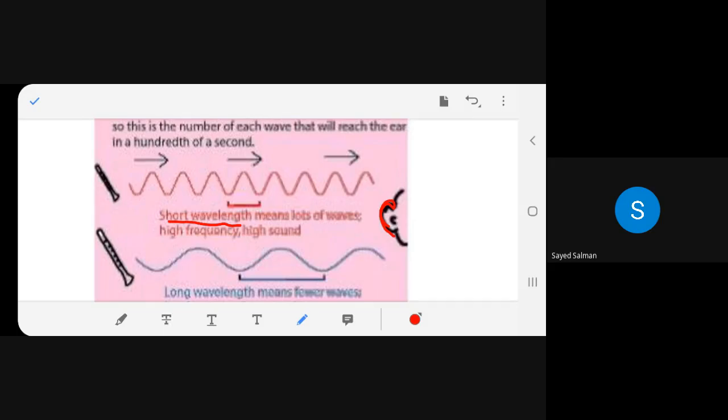Now this is called high pitch. That means this is shrill. Low wavelength means fewer waves and is flat. This one is flat. Hope you understood better? Yes? This is the difference, the number of waves.